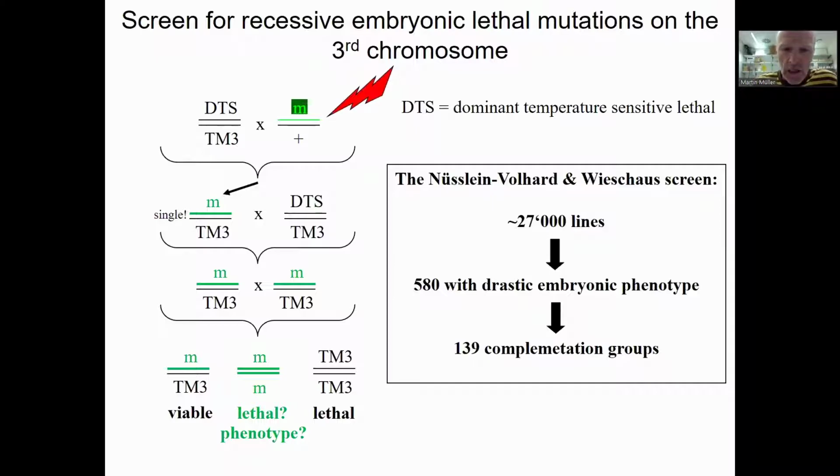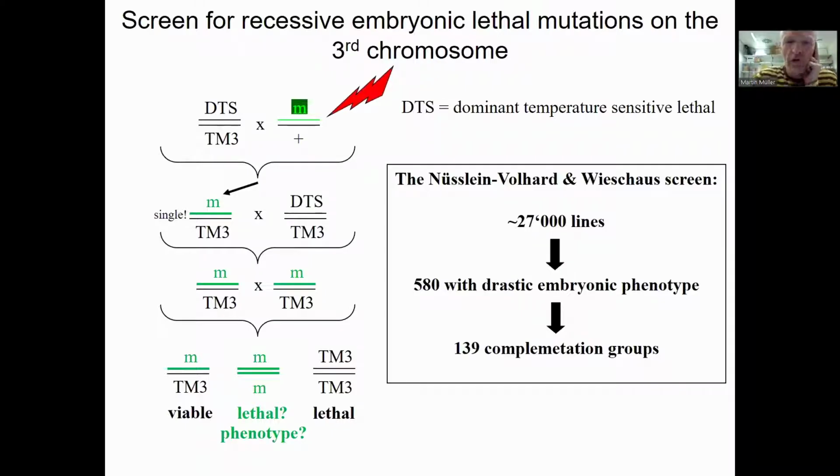What I should say is, to start with, they had to do the screen for every chromosome independently. So they did a screen for second chromosome genes which have a role in embryonic development. They did a screen for third chromosomal genes, and they did a screen for X chromosomal genes.